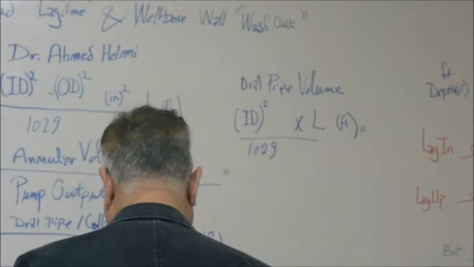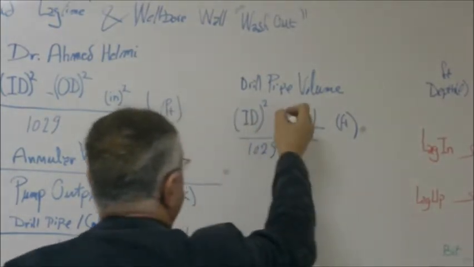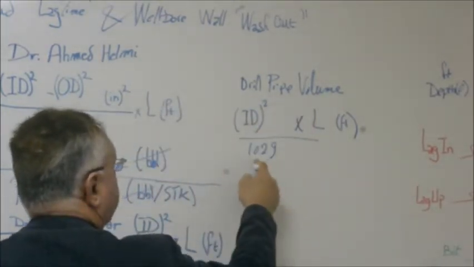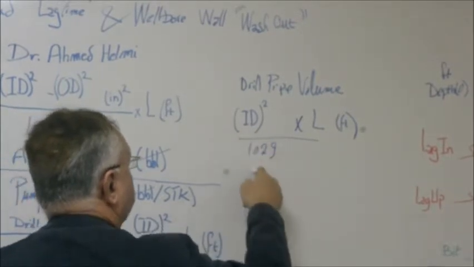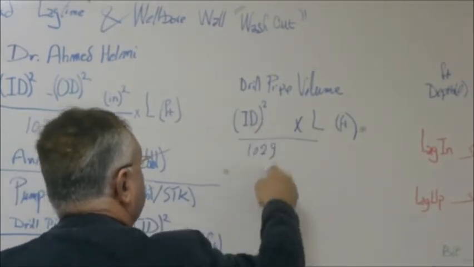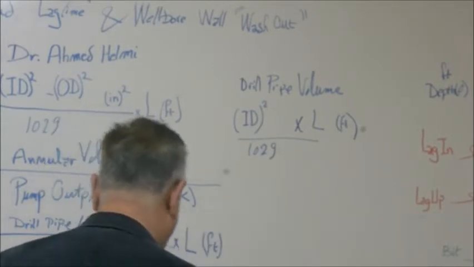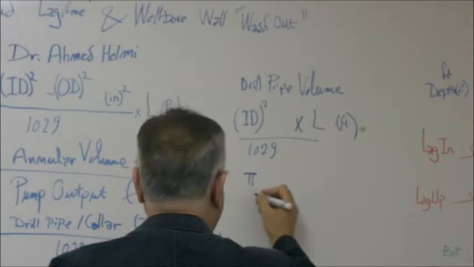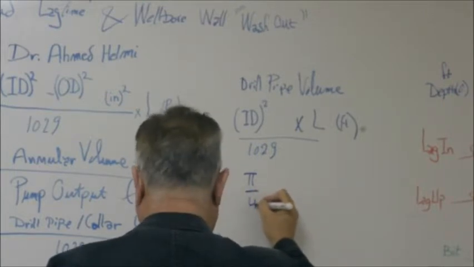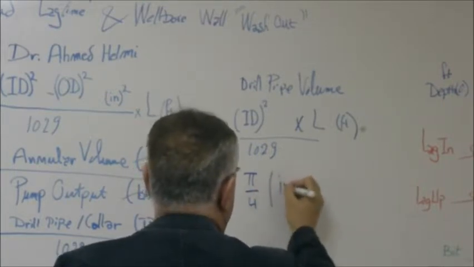This is area. This 1029 and ID square, it has area inside these two, the numerator and denominator. Area equals pi over 4 times inch square.